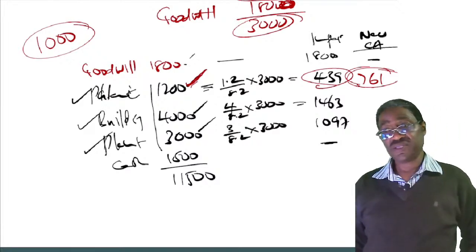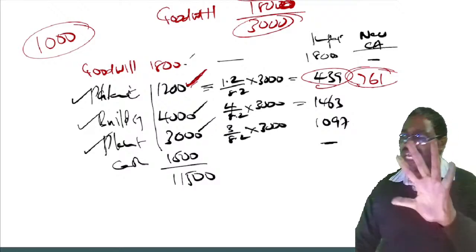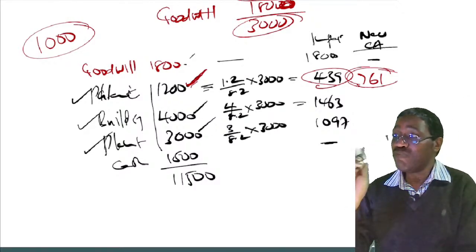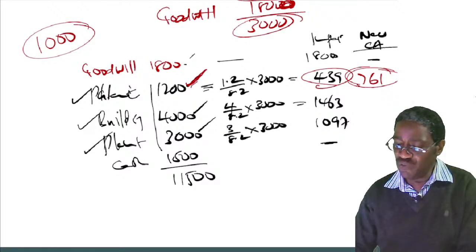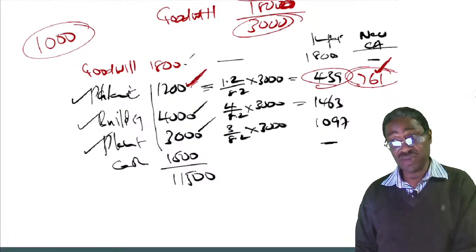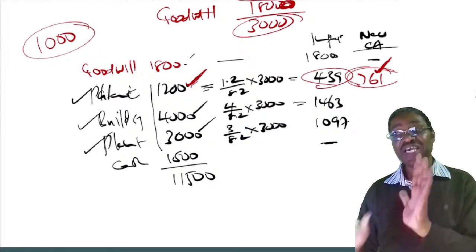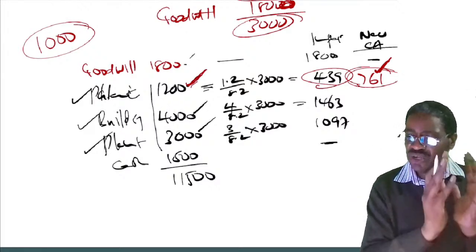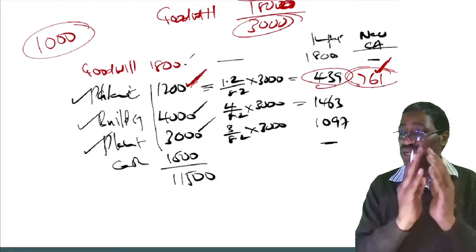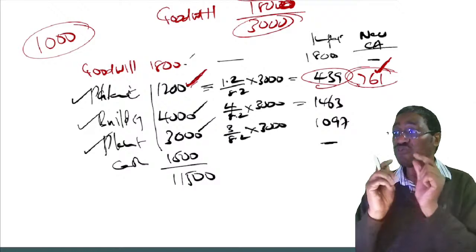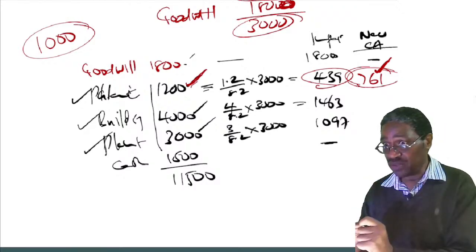Meaning, in the market, our patent has a value of 1 million. Listen. If that information is not there, the books will now have a value of how much as the value of patent? 761. That would be the value. If the additional information was not there, we would be carrying down a new carrying amount of 761.